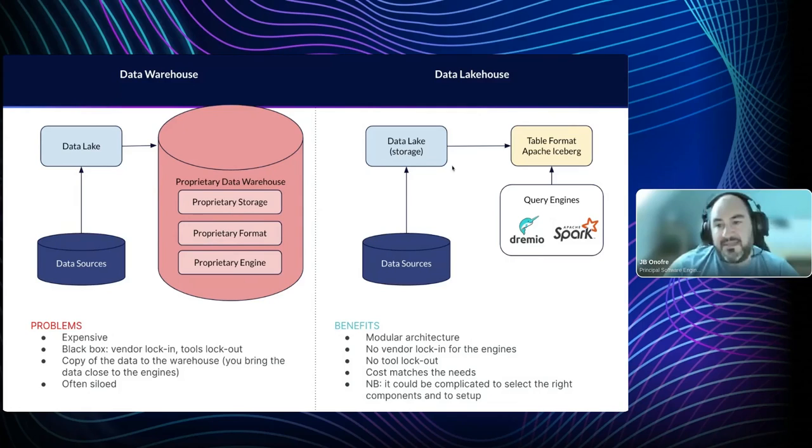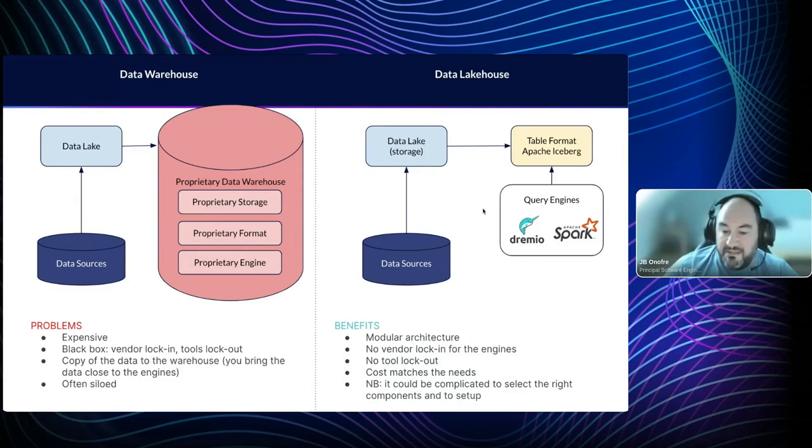The new thing is mostly the data lakehouses. There you can see a very modular architecture where we have the storage on one side, a table format on another side, and the engines, and everything is decoupled. So it means that most of the time now we bring the engines close to the data.